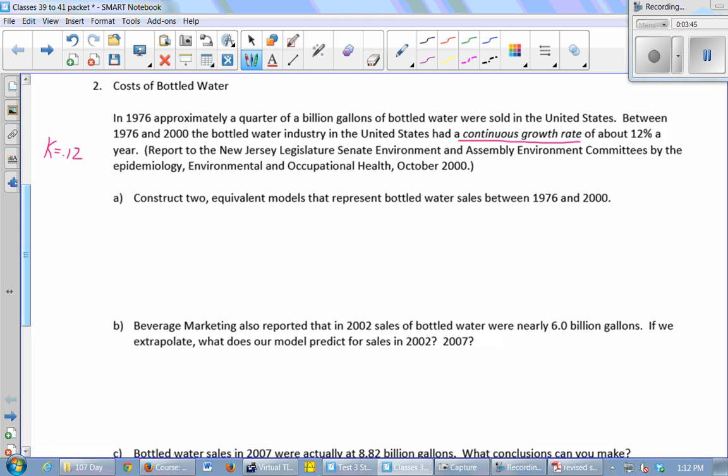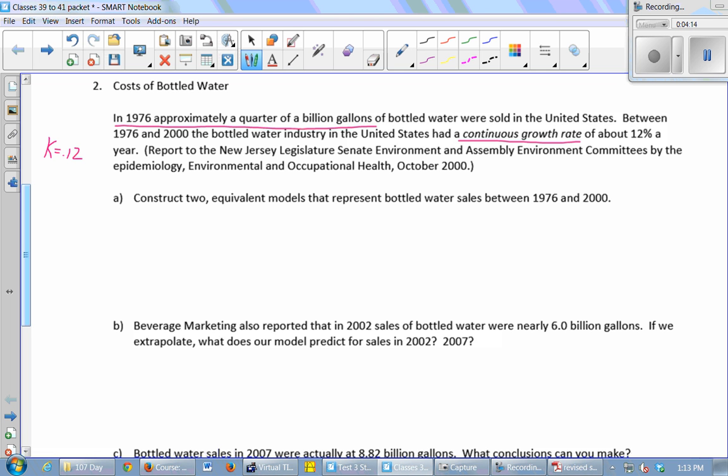And this is all real data that came from a report to the New Jersey State Legislature. So 1976, 250 million gallons with a 12% continuous growth rate. K is not less than 0, right? 0.12 is bigger than 0.